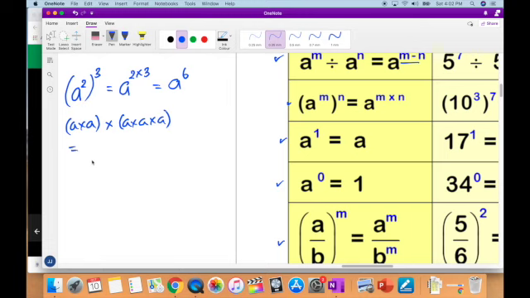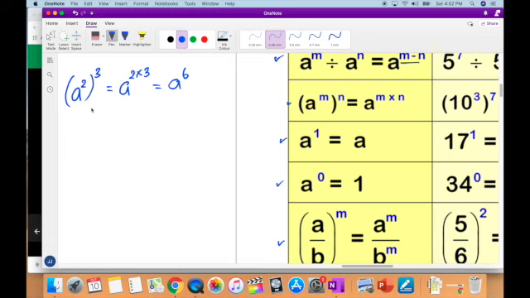And then this is a to the power of 6. Yeah, but I only see 5 a's here. Oh, well. So this is not a to the power of 6. Right? Good try though, Shazay.